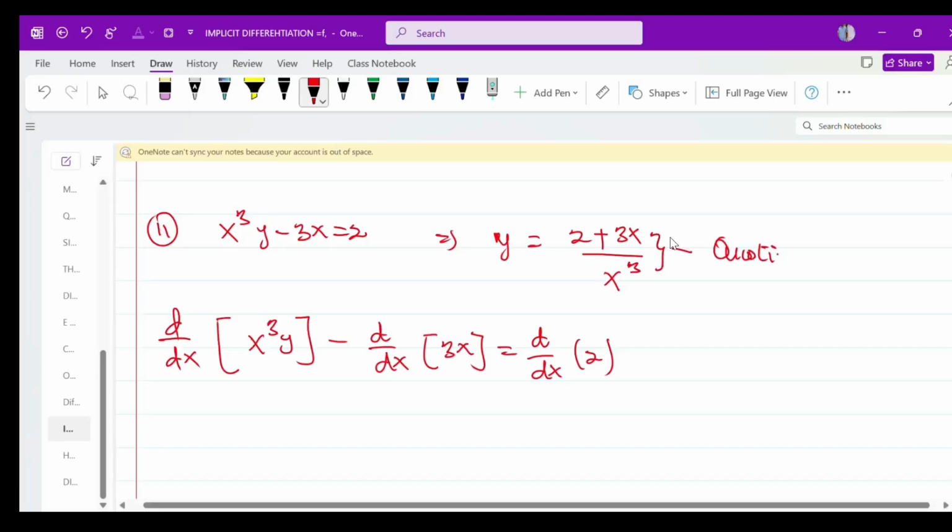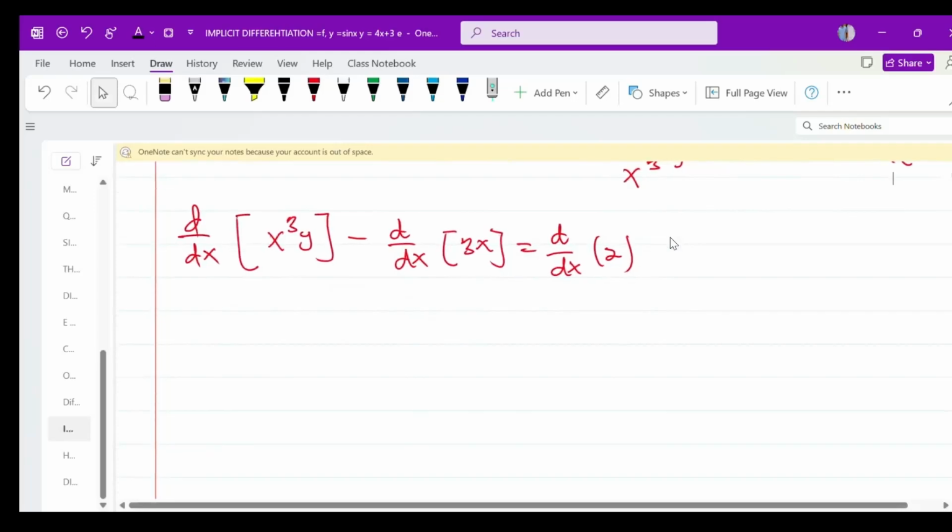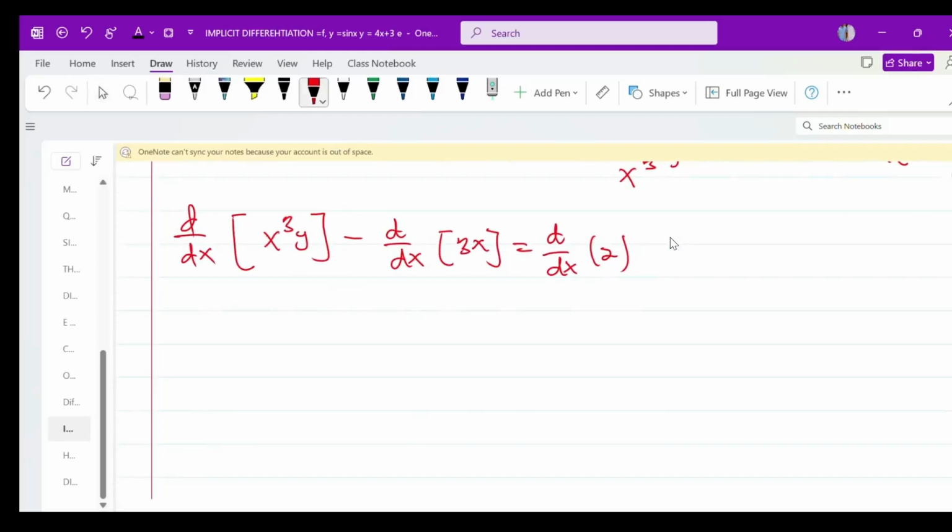Okay, the quotient rule. In this one too, we are using the direct format. So you can see that here you have x cubed and y multiplying. So you're going to use the product rule here. And according to the product rule, we hold one of the functions constant, then differentiate the other one, and vice versa.